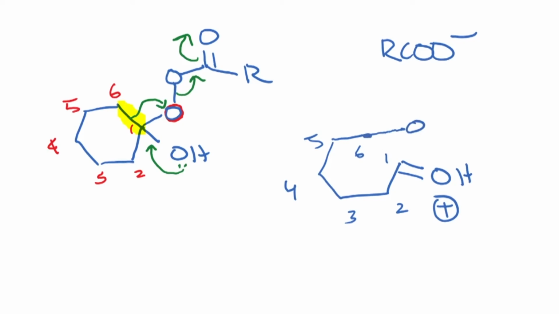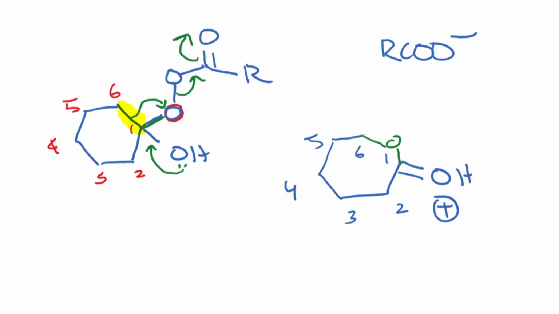Let me draw this a little better so that we can see the new bond. The new bond is like this to the oxygen, and the oxygen is connected to carbon 1 already. So you see here the bond between carbon 1 and oxygen, and RCO minus is the product.